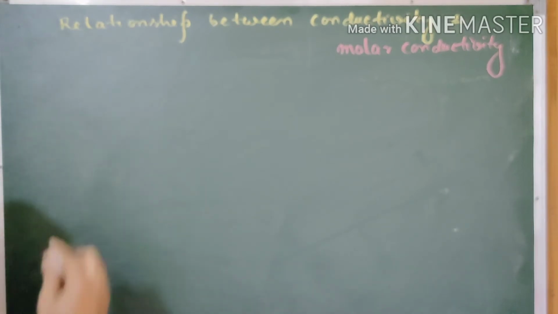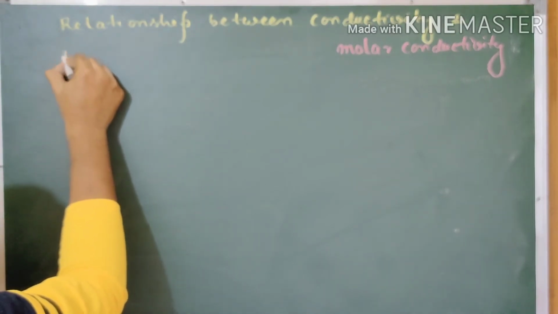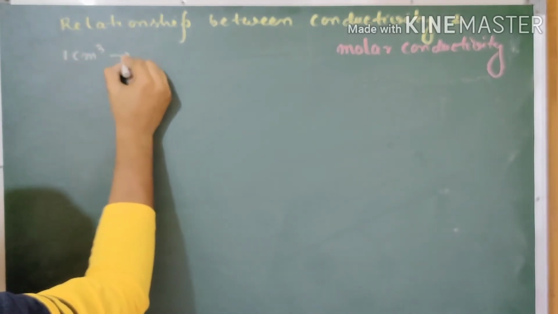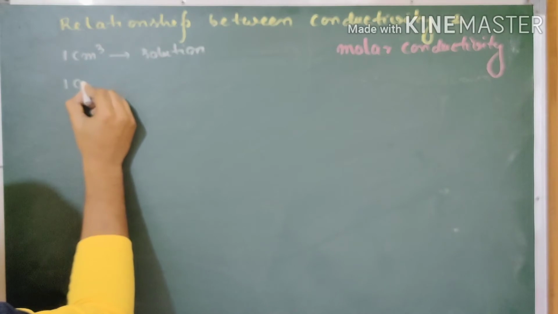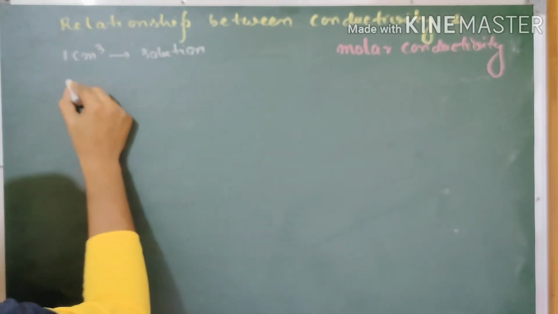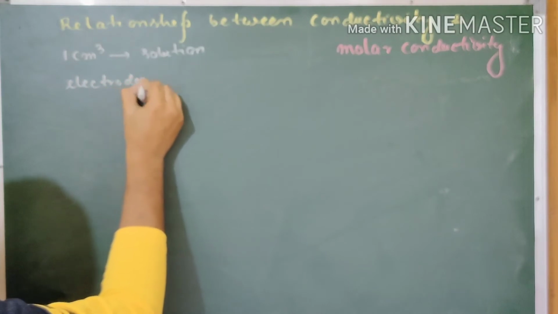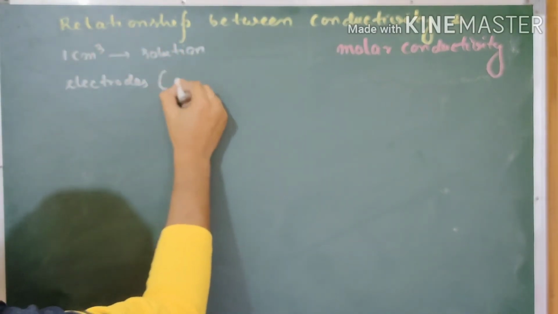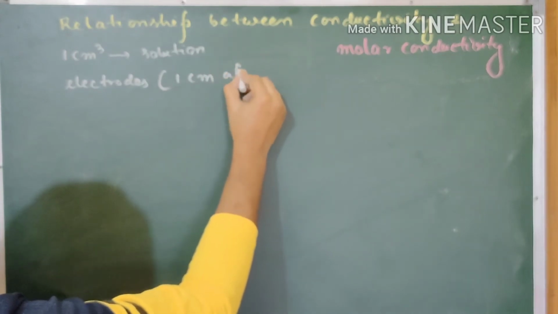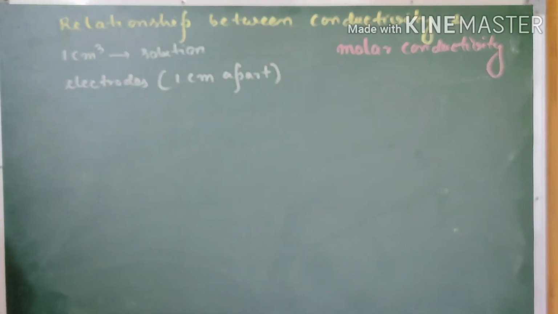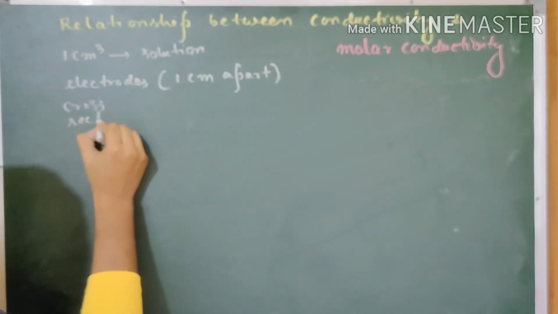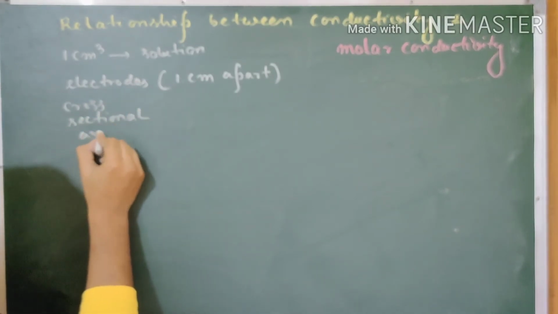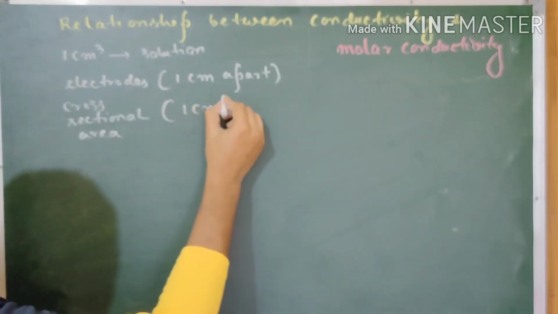Suppose, carefully listen, we take 1 centimeter cube of solution and it is dipped into electrodes. The solution is kept between electrodes which are 1 centimeter apart, and the cross-sectional area is 1 centimeter square.